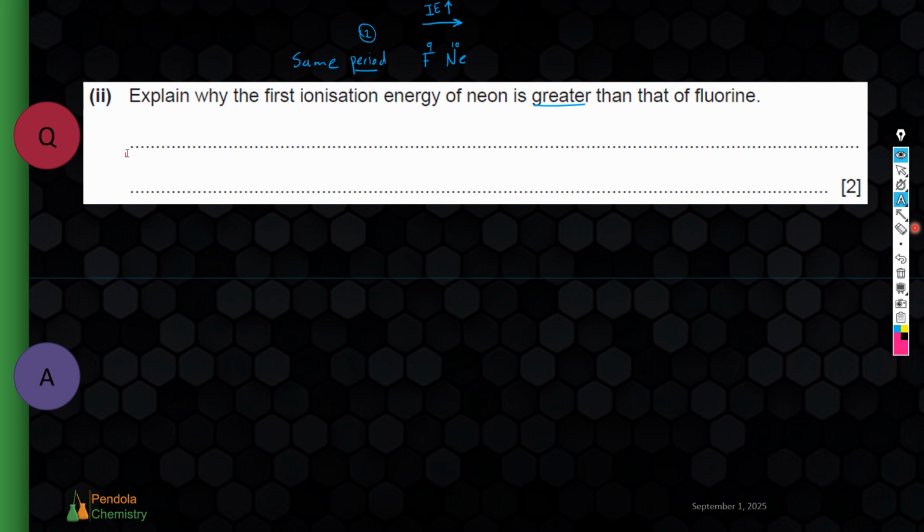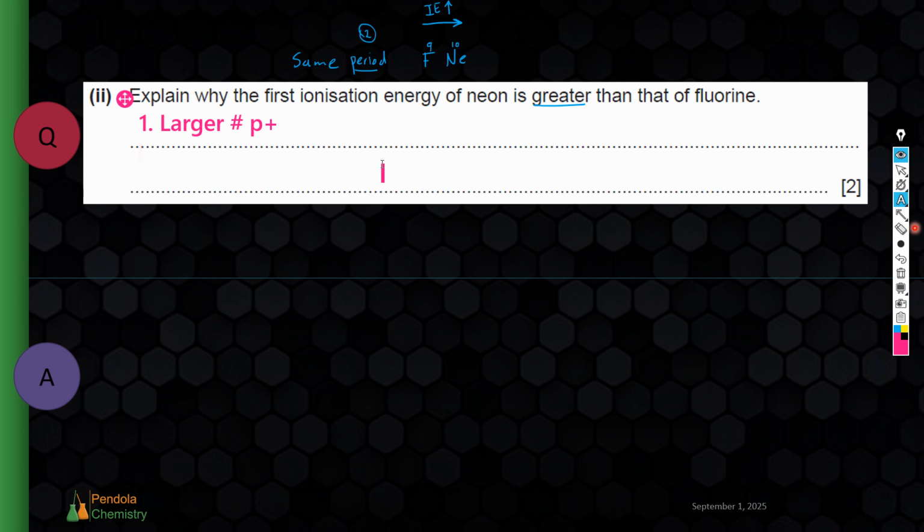Number 1. I'm going to write them right here. We know that we have a larger number of protons. So that means a larger positive charge.